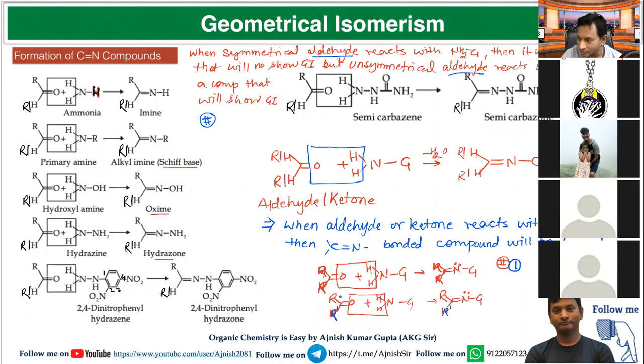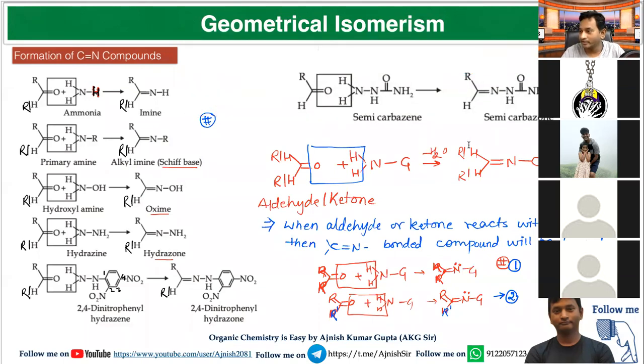But when unsymmetrical aldehyde or ketone reacts with NH2Z, it will form a compound that will show GI, which simply means it will exist in more than one form, normally two forms. You can think like this.